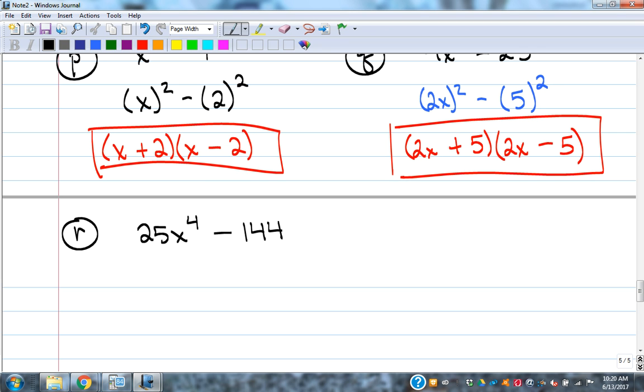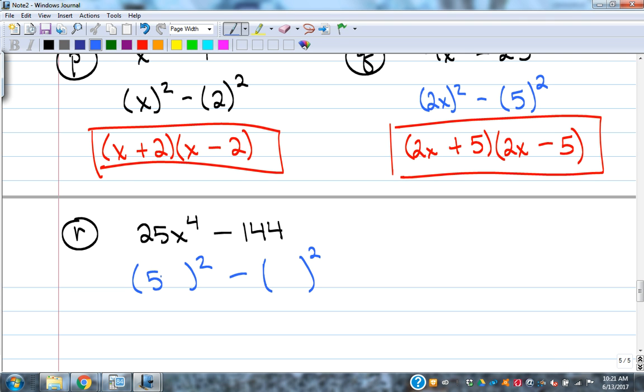The key here is that it's an even exponent on the variable. That's a fourth. A fourth could be something squared, right? It could be a second power on that. What you can rewrite that as takes a little bit of thinking. 25 is easy. What squared is 25? 5.